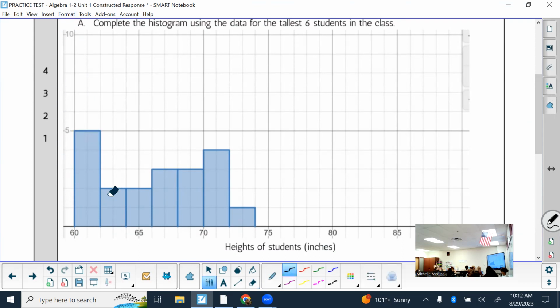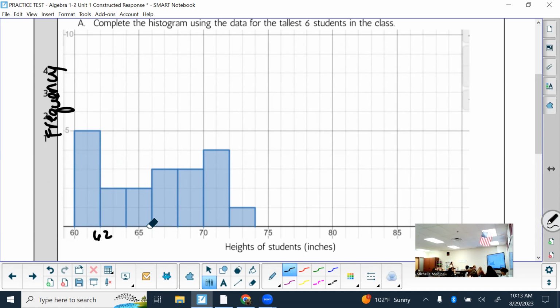The frequency. So that tells me how often a data point, which is down on the x-axis, occurred in the set of data. So I don't know which of these numbers are 60 exactly, but I know that they're from 60 to what? When does it end?